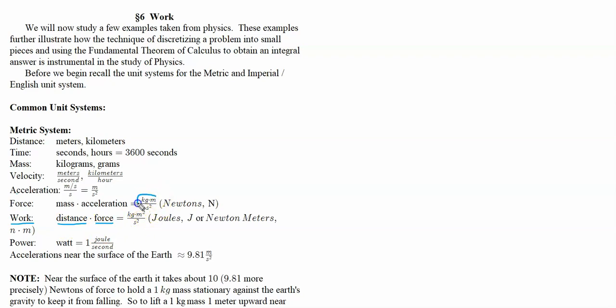Notice if we take the unit of force up here, which is kilogram times meters per second squared, and multiply that by a distance, which is meters again, we get kilogram meters squared per second squared. So that's a unit of work or energy. And the units associated with that are normally referred to as joules, or just abbreviated J, or Newton meters, N·m. So those are the units associated with work in the metric system.